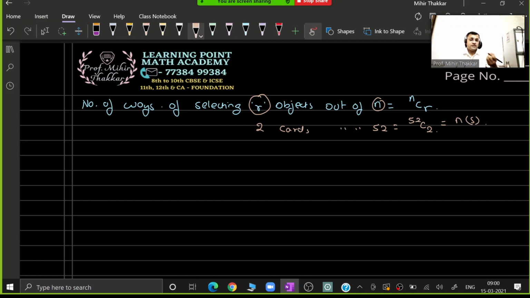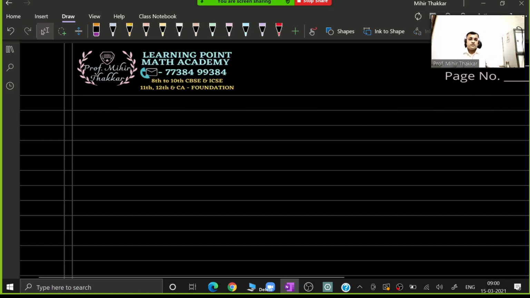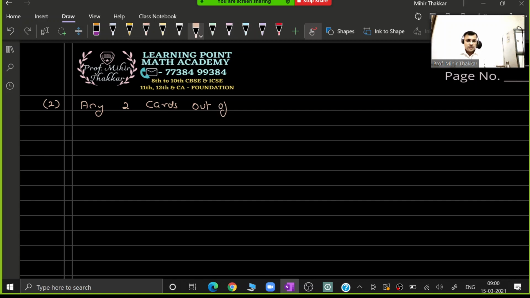So let us understand how we can systematically represent our value of n of s with the help of the statements. So I will say over here that any two cards out of 52 can be selected in 52C2 ways.